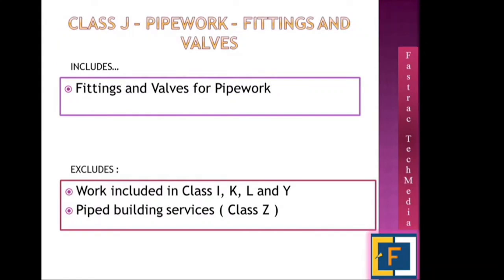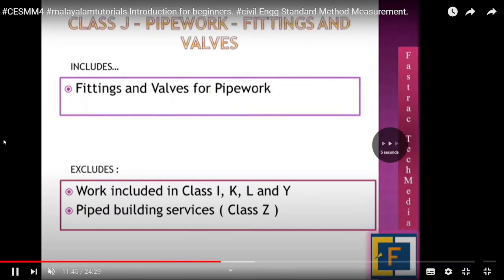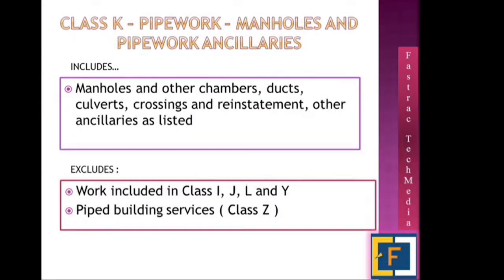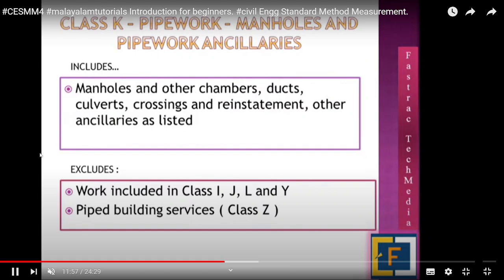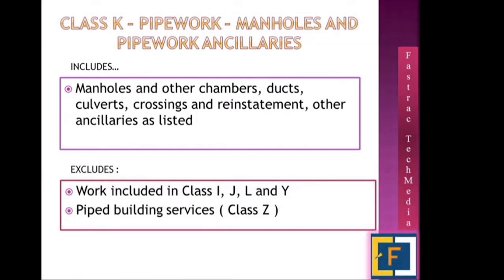So class J, class I, class K. Class K is for manholes, chambers, duct, crossings and reinstatements. So crossing and reinstatement again you will get confused.